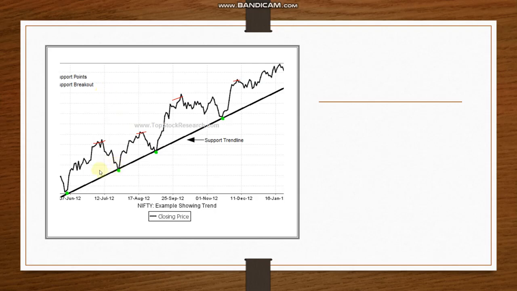It is clear in this particular scene that market is taking rest at particular points, which we can easily connect with the help of a straight line. See these green dots.